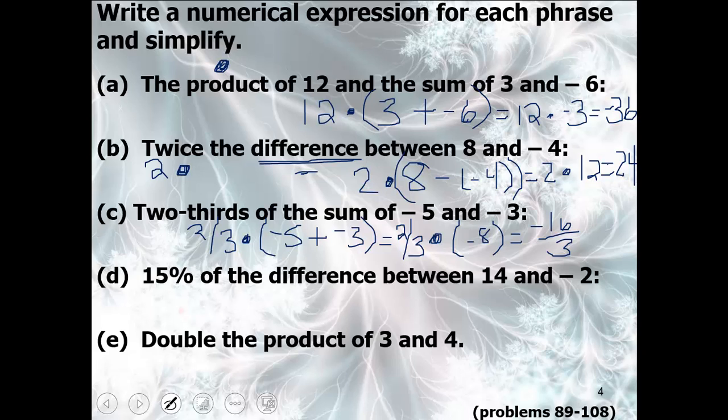Remember, I just multiply the numerators together. 2 times negative 8 is negative 16. And there's nothing in the denominator, so that's a 1. 3 times 1 is 3. And that's as reduced as we can get it. All right, you try D and E and see if you got it right.